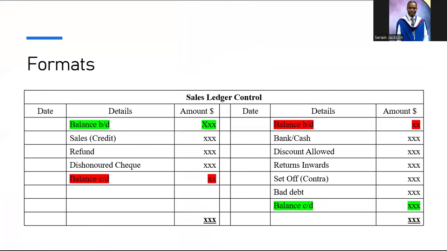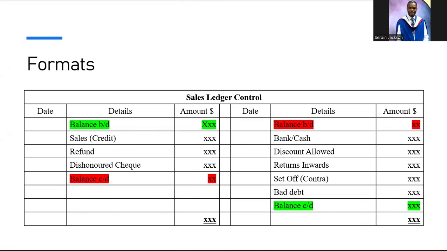Now, you're looking at the format for the sales ledger control account, and this is as difficult as the sales ledger control account can get. There is one slight thing that you need to understand, or the theory behind the sales ledger control. The sales ledger control would be related to your debtors.